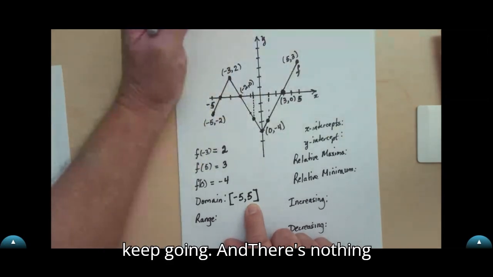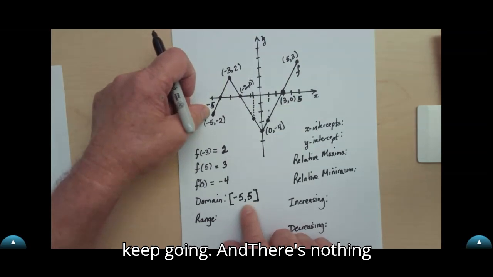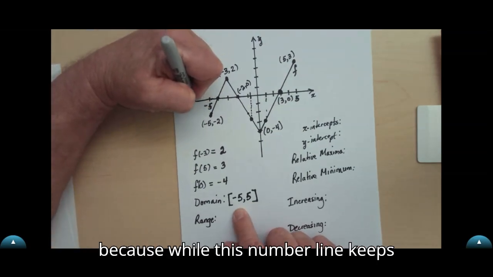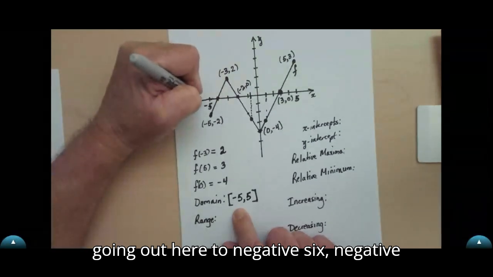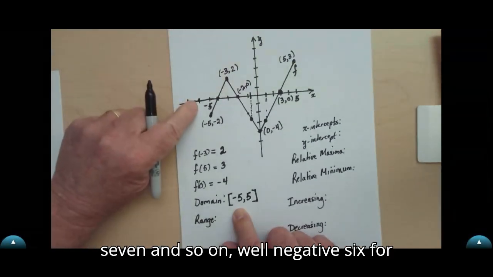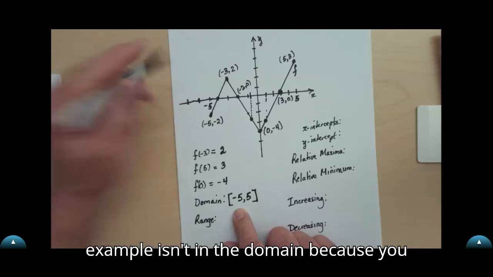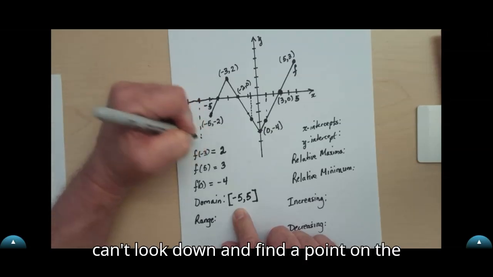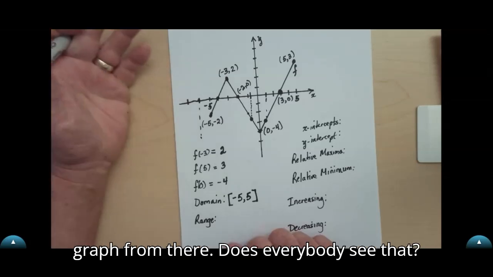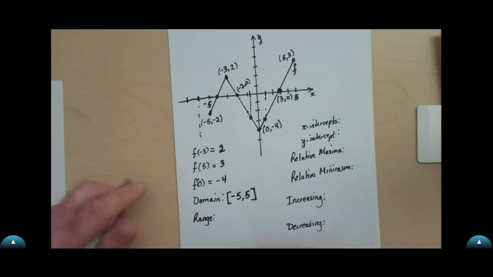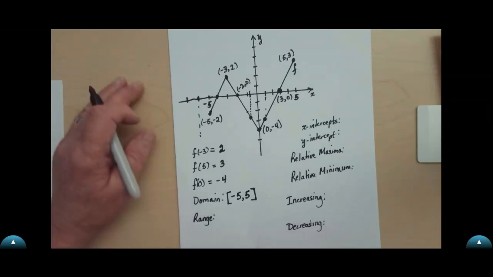The graph doesn't keep going. And there's nothing smaller than -5 in the domain, because while this number line keeps going out to -6, -7, and so on, -6, for example, isn't in the domain because you can't look down and find a point on the graph from there. Does everybody see that? So that's our domain. What is the range?